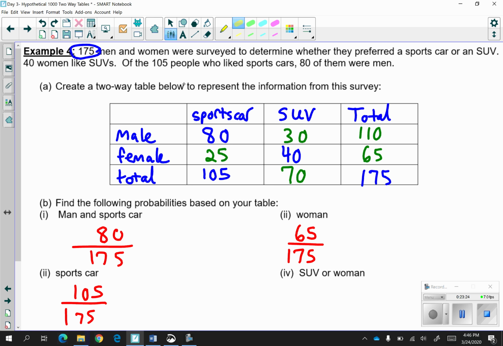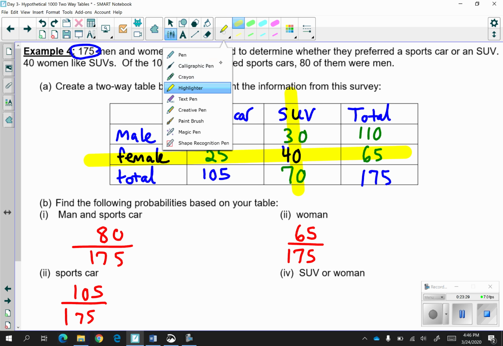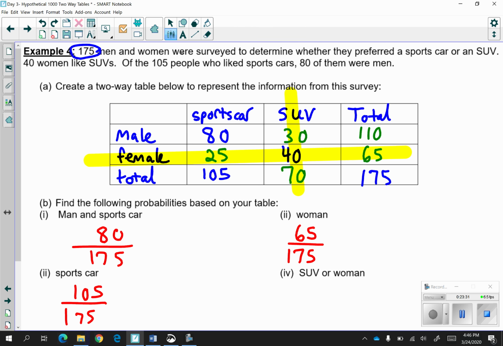And for SUV or women, you have your two totals minus your overlap. So the number of women is 65 over 175.